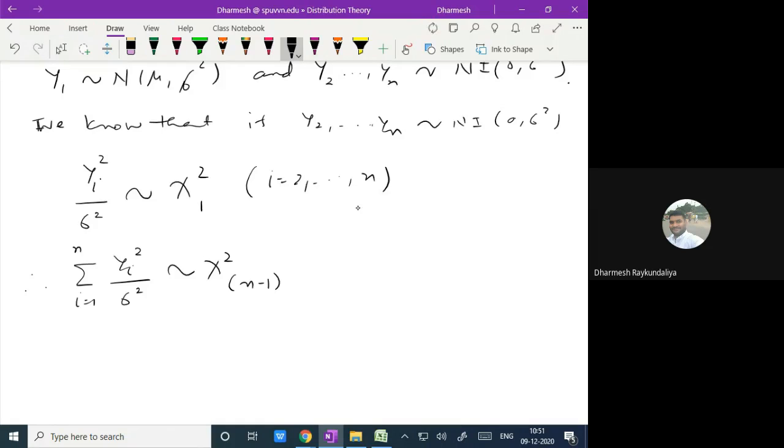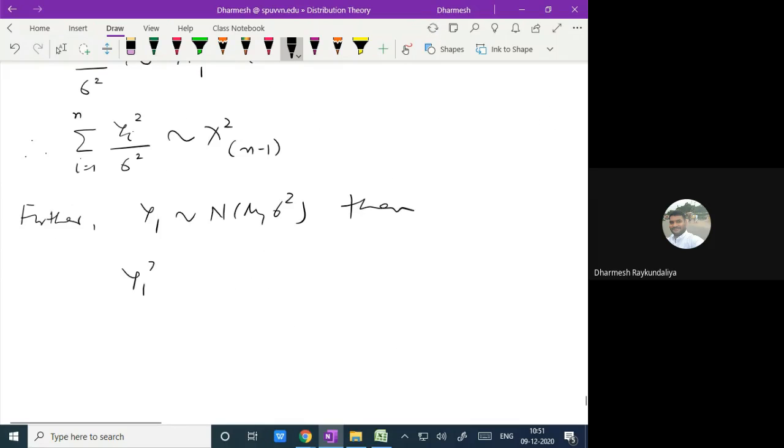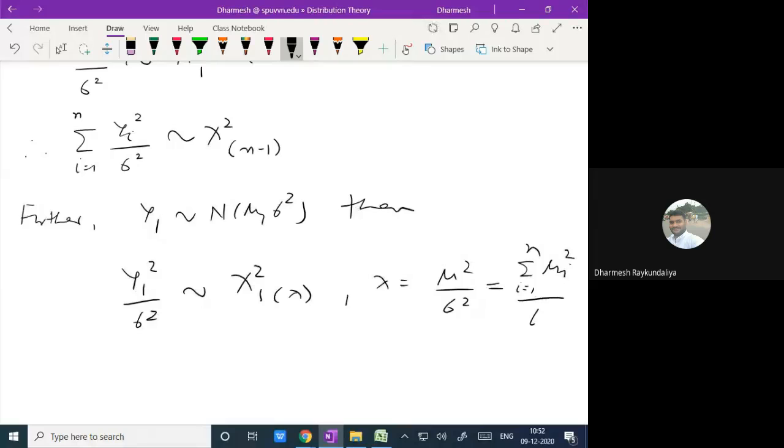Okay. Further, we have proved that if y1 is normal mu sigma square, then the distribution of y1 square upon sigma square is a non-central chi-square with non-centrality parameter lambda, where lambda is equal to mu square upon sigma square. In our setup, it is summation i running from 1 to n mu i square upon sigma square.